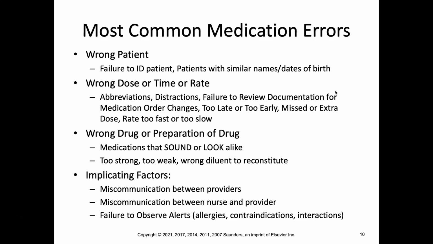When it comes to preparation of a drug, most hospitals prefer to have drugs prepared in the pharmacy. Nurses can do it in some cases, but what they have found is that, again, nurses have an awful lot of distractions, and sometimes they've had fatal drug errors because they've used the wrong diluent to reconstitute, or they've reconstituted with a right diluent, but it's too strong.